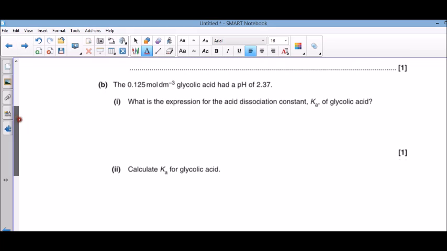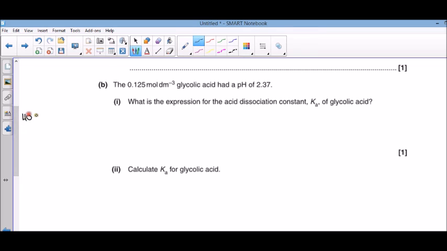And then we're going to write an acid dissociation constant for glycolic acid. So let's remind ourselves of the structure, which was this. And we've already talked about the fact that this is the acidic proton. So if we're going to get dissociation happening, it will look like this.